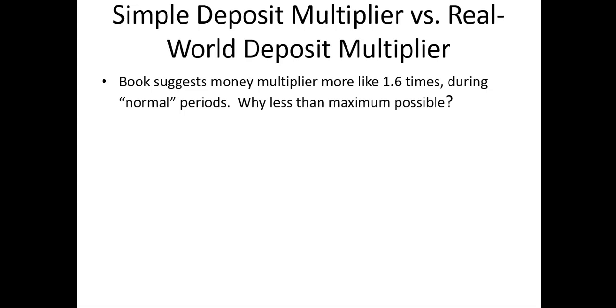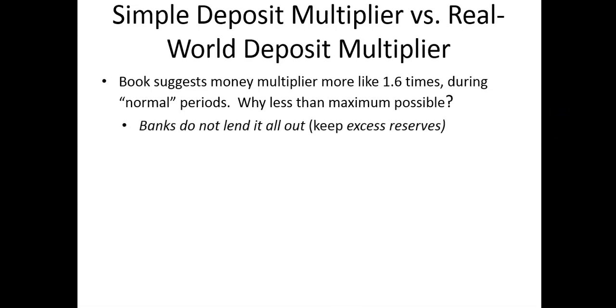Even though the reserve requirement is approximately that 10%, instead of it being truly multiplied 10 times, it's more like 1.6 times, right? Under normal circumstances. So why doesn't the maximum amount of multiplying happen, right? The maximum amount of money creation?